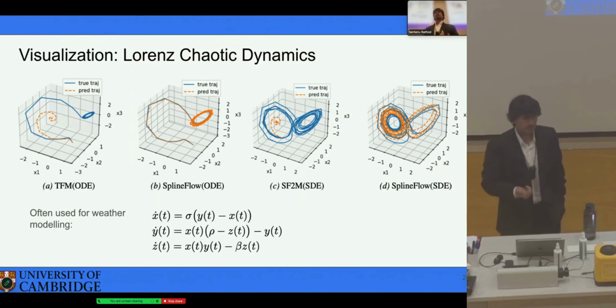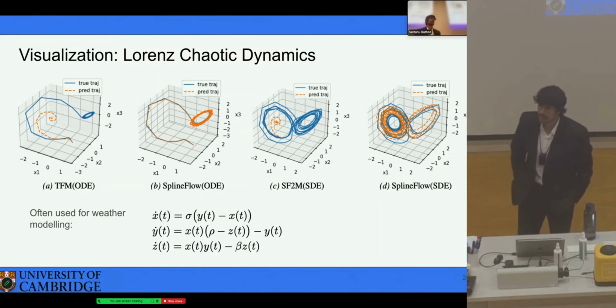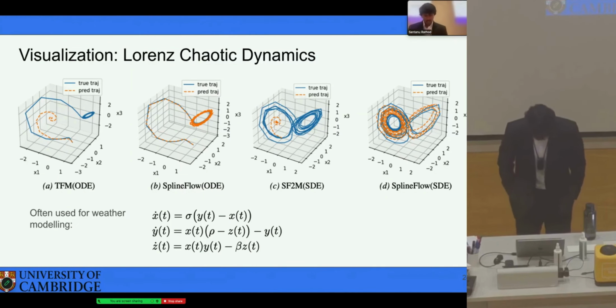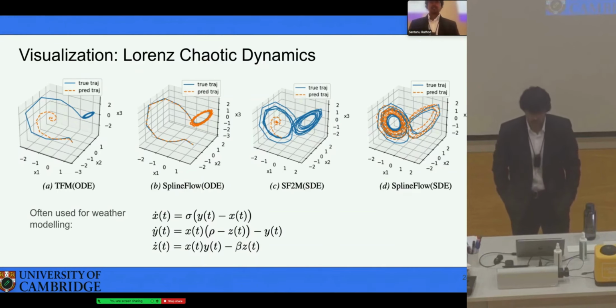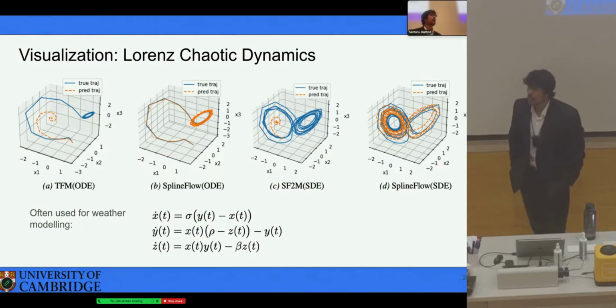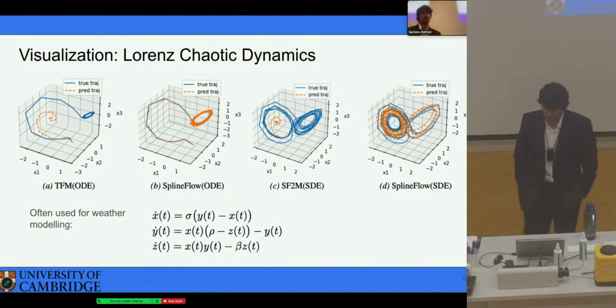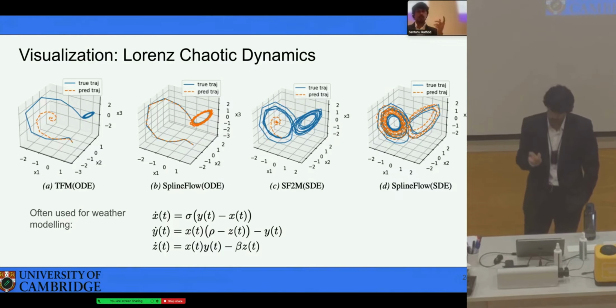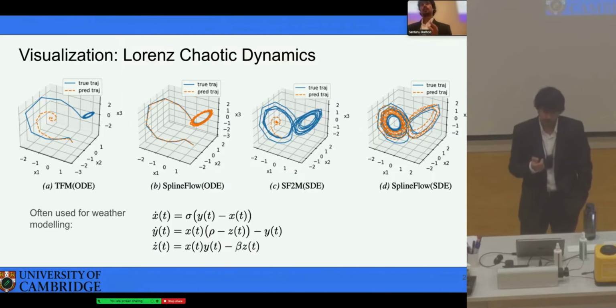The Lorenz system is a chaotic dynamical system that's usually used for weather prediction models. The chaoticness here results from the fact that it's extremely sensitive to the initial information that you provide. Based on the initial point you start off with, you can end up either in one attractor basin or the other, or alternate between the two.